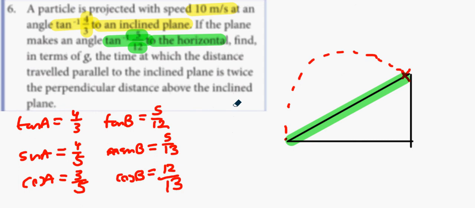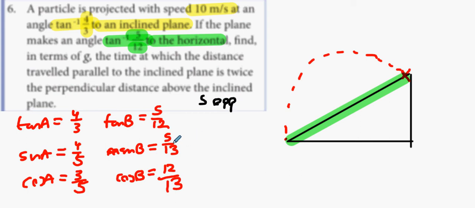Find in terms of g the time at which the distance travelled parallel to the inclined plane is twice the perpendicular distance above. Opposite over adjacent is 5, 5's the opposite.